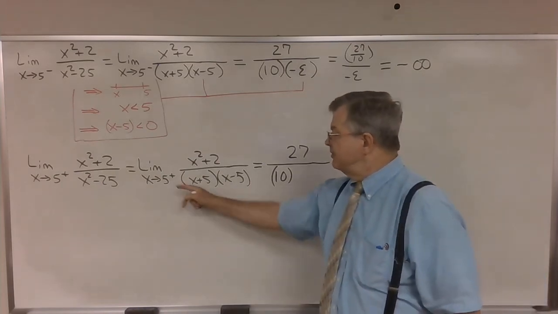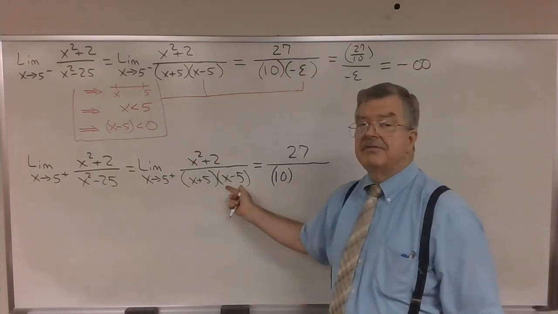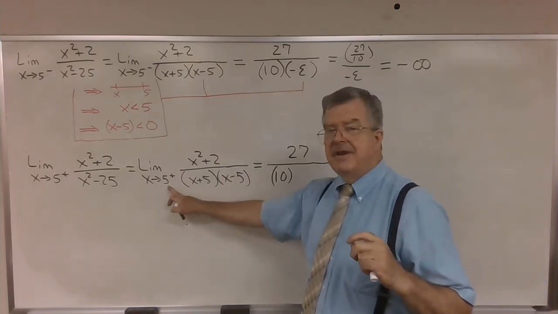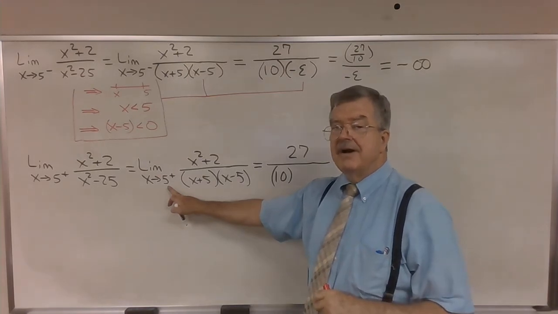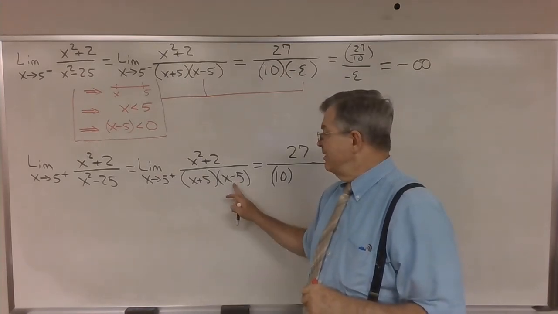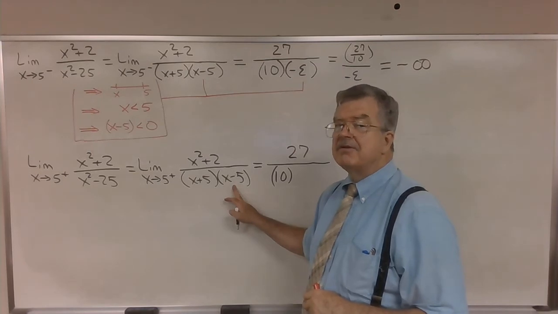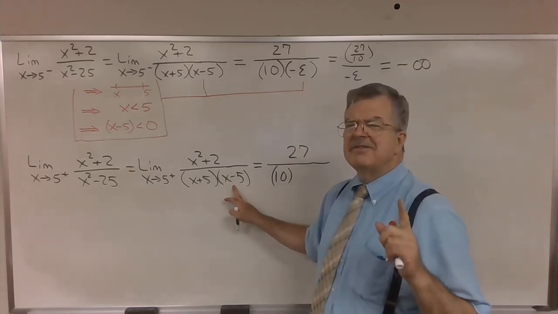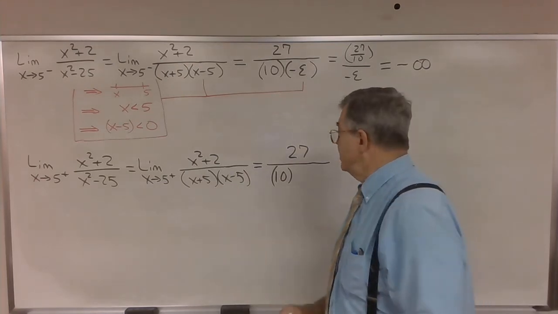And as x approaches 5, x minus 5 is going to approach 0. But it never gets there because x never actually becomes equal to 5. But this is going to get arbitrarily close to 0. It's going to get closer and closer to 0, but it's never going to get there.